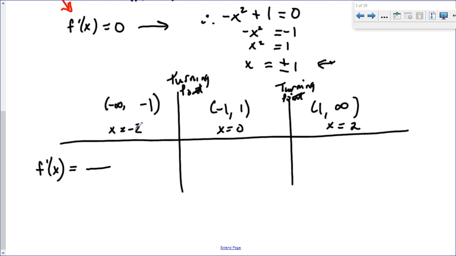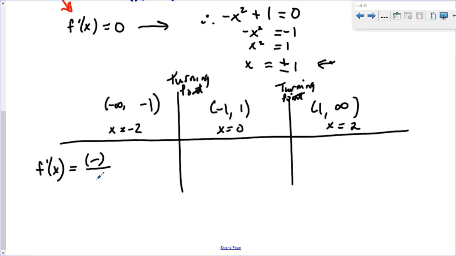So let's put in negative 2. If I put negative 2 into the top of my function, that's negative x squared plus 1. Negative 2 squared is positive 4, I take the negative of that, and then I add 1. So regardless, that's going to be negative. The denominator is x squared plus 1 quantity squared.